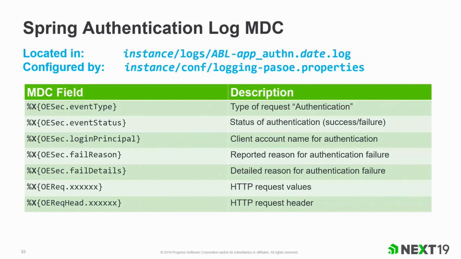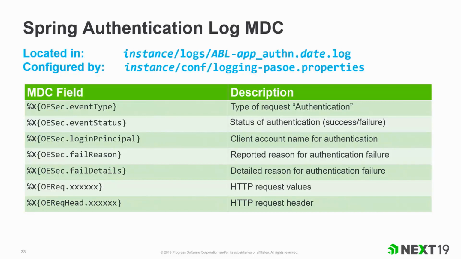It's got the client account name, and there's 2 levels of reasons for the authentication failures. So you can get a fail reason and then a fail detail. And you can make those different levels of information. So the fail reason can be short and the fail details can be long if you wanted to.